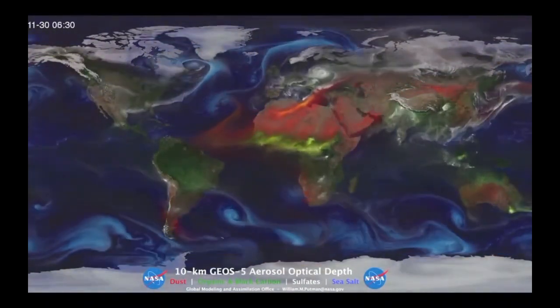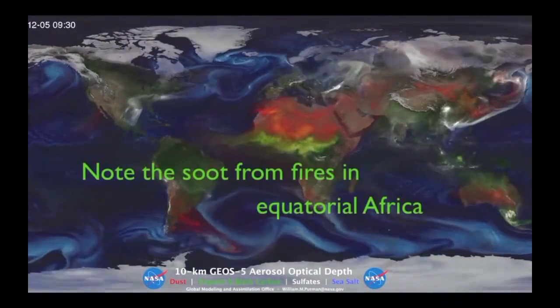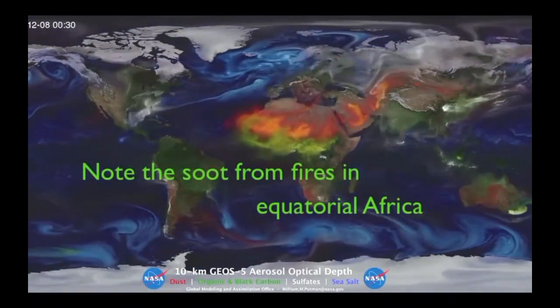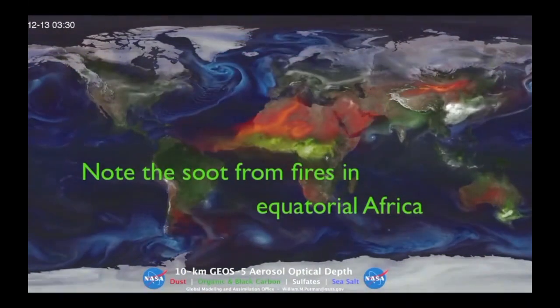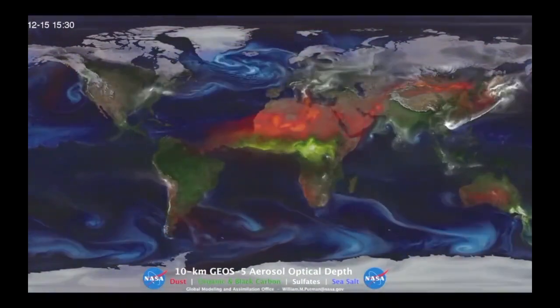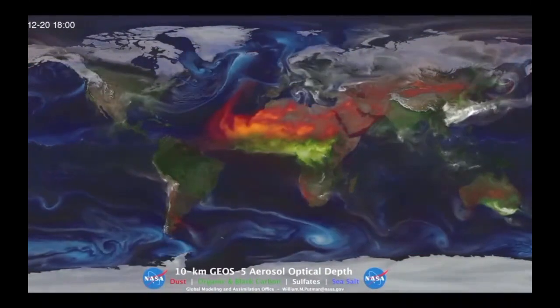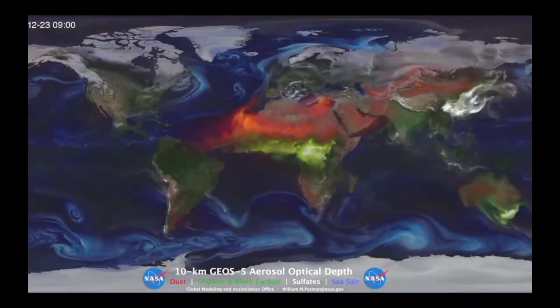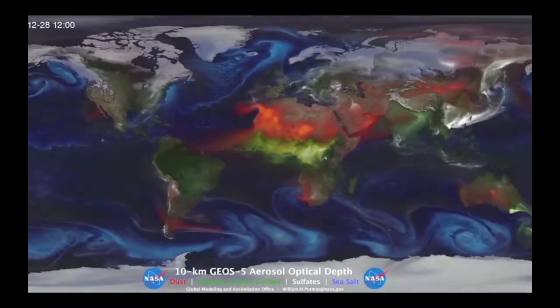But you see the transport of dust, which is very seasonal, across from, so these are fires in the equatorial Africa mixing with the dust and being blown right across to the US, or South America in this case. So it's a very complex pattern of different sorts of aerosols being moved globally.